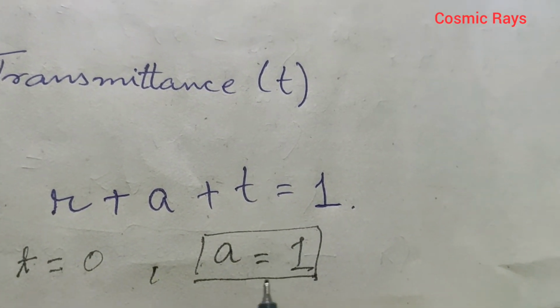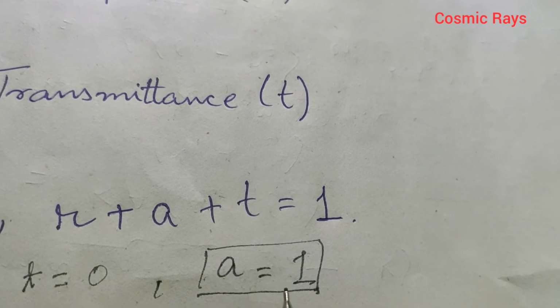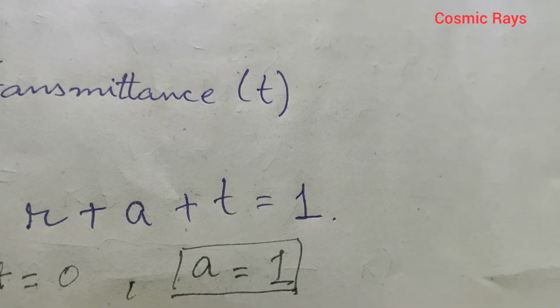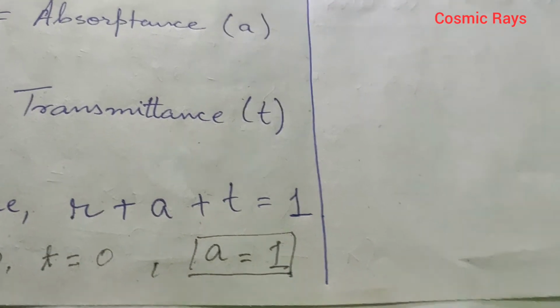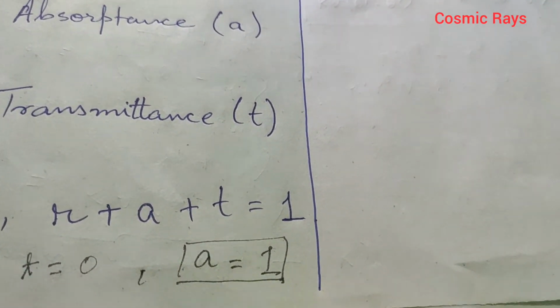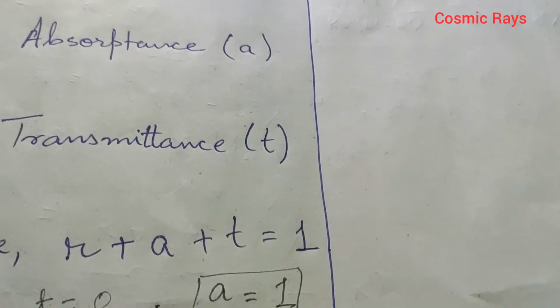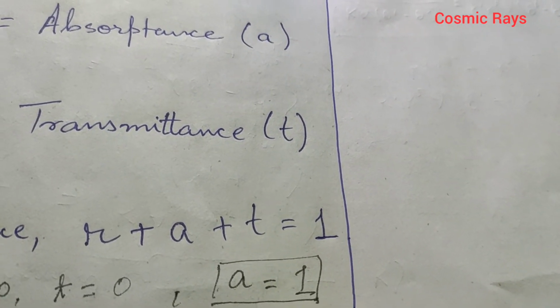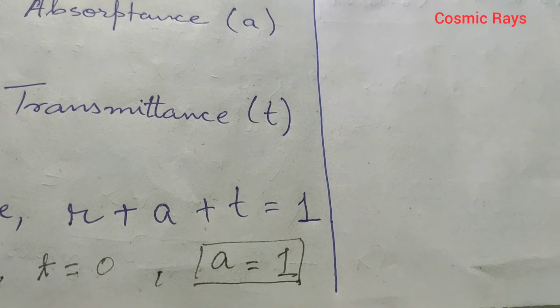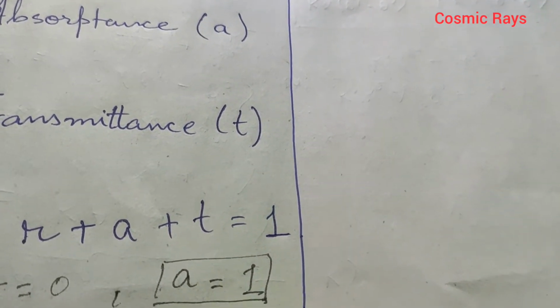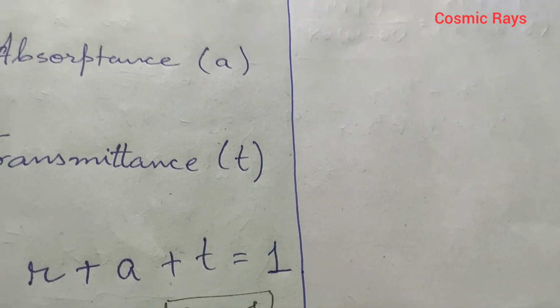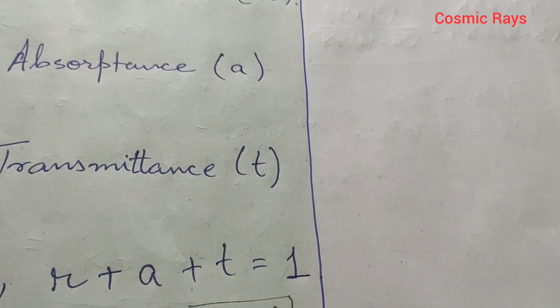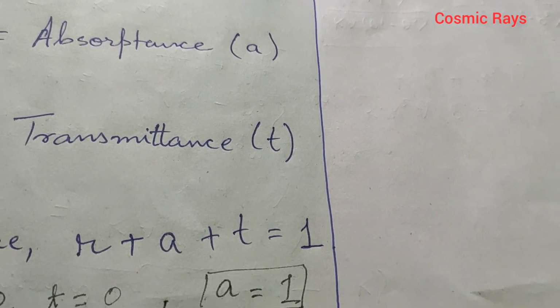Hence its absorptance is equal to 1. So whenever a black body is heated up, since it has absorbed radiation of all sorts of wavelength, when it is heated it will emit radiations of all wavelengths or all possible wavelengths.